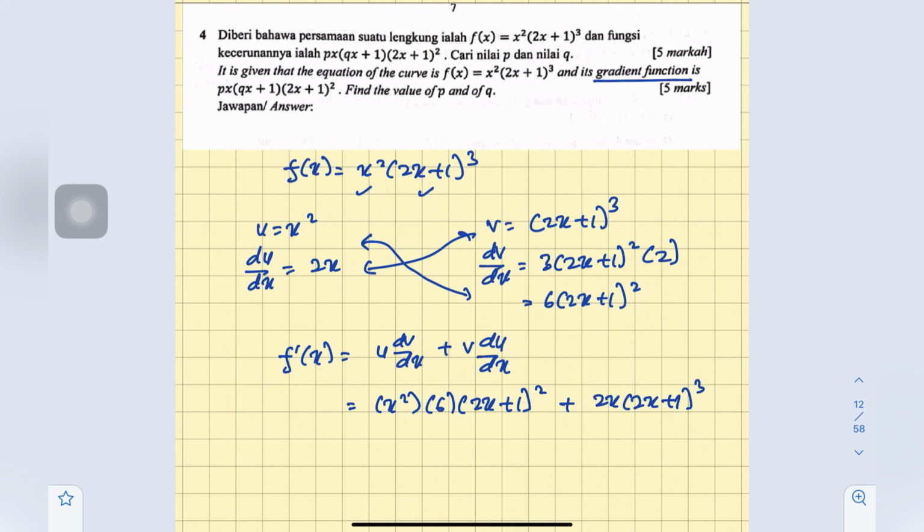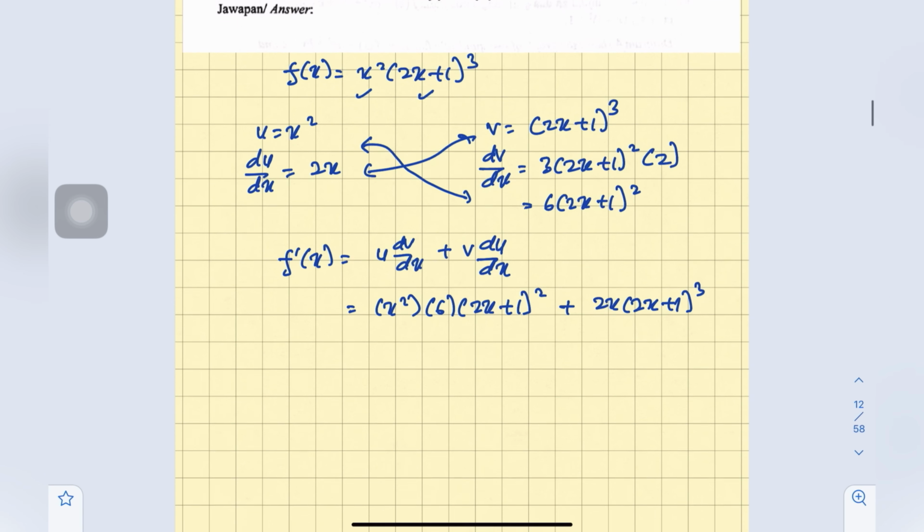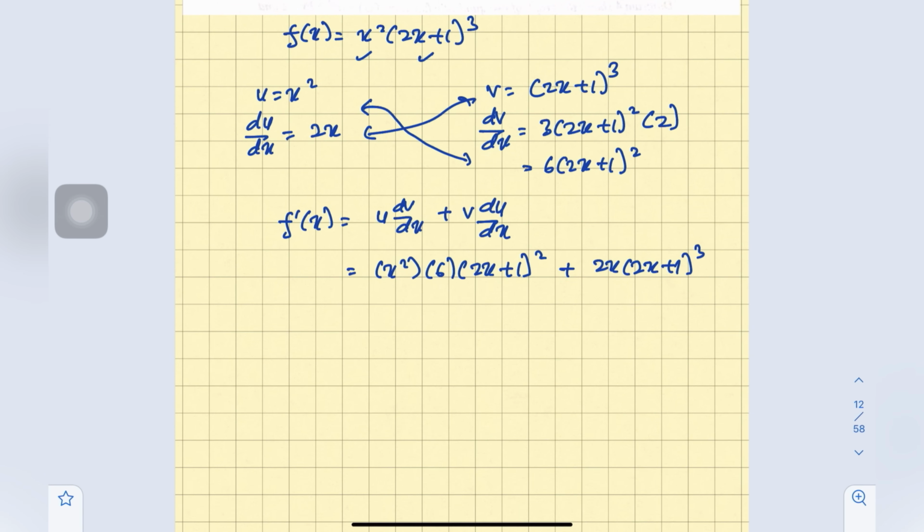Then we can simplify this one. It becomes 6x squared (2x + 1) squared plus 2x(2x + 1) cubed.